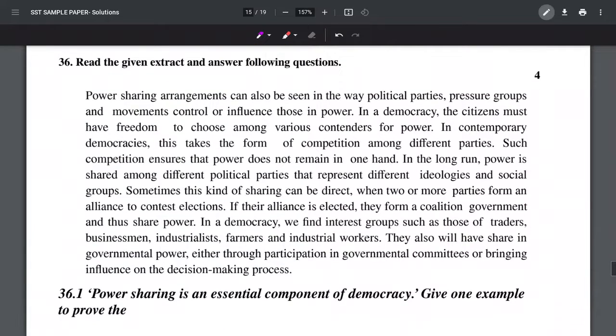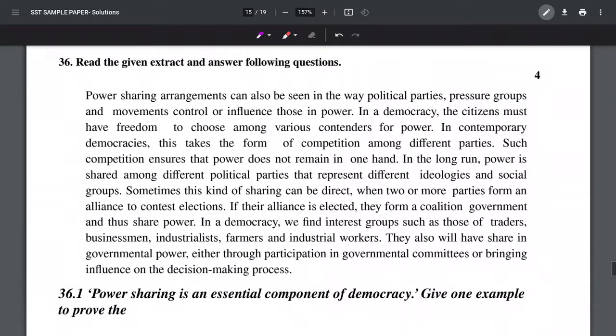So, power sharing arrangements can also be seen in the way political parties, pressure groups, and movements control or influence those in power. In a democracy, the citizens must have freedom to choose among various contenders for power. In contemporary democracies, this takes the form of competition among different parties.